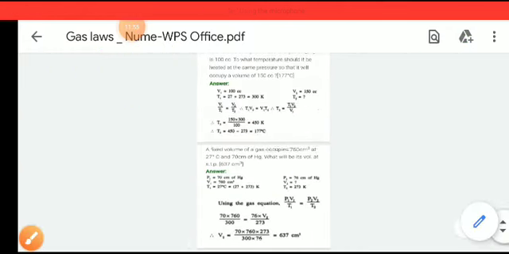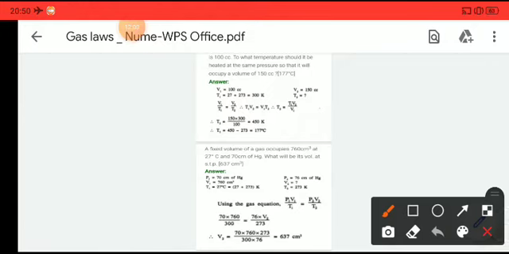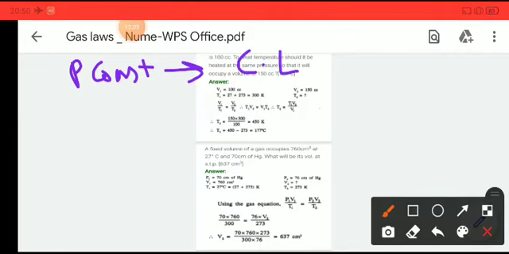Whenever you find the pressure is constant, that means we have to use the Charles law equation. If the temperature is constant, then you have to use the Boyle's law equation.